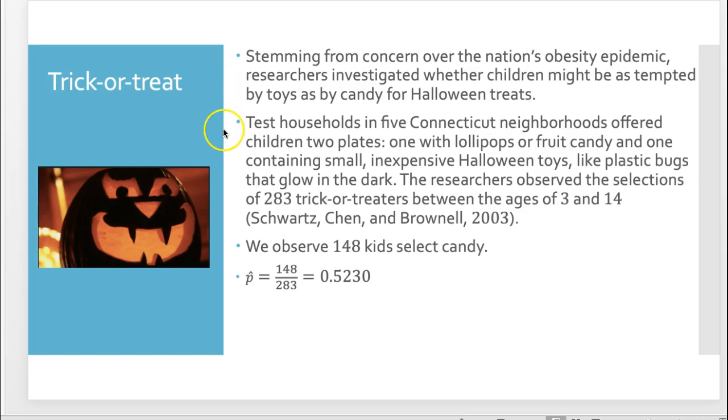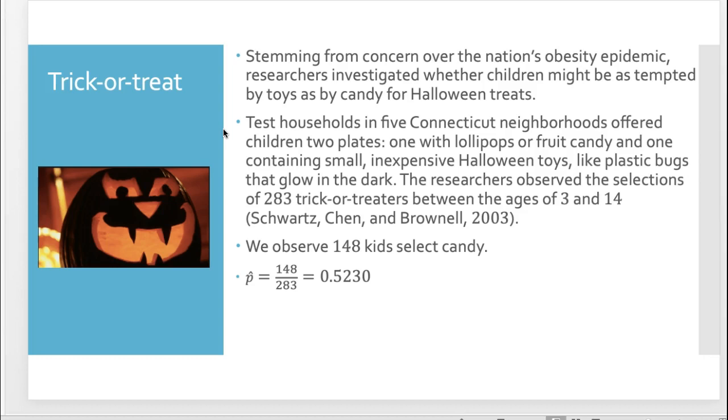They randomly picked test households in 5 Connecticut neighborhoods and offered children 2 plates: one with lollipops or fruit candy, and one containing small, inexpensive Halloween toys like plastic bugs that glow in the dark. The researchers observed selections of 283 trick-or-treaters between the ages of 3 and 14, and there are the authors and the year of the study.